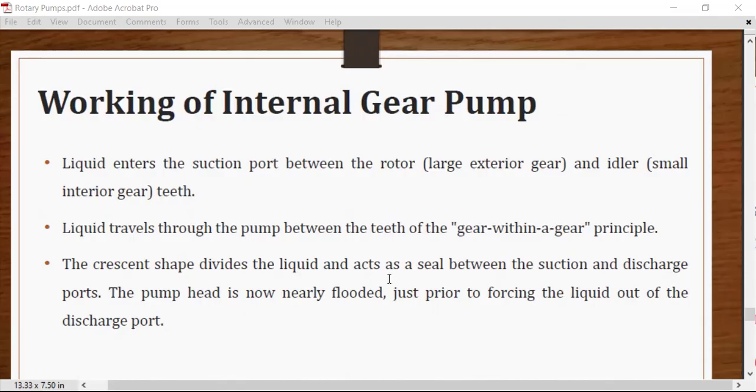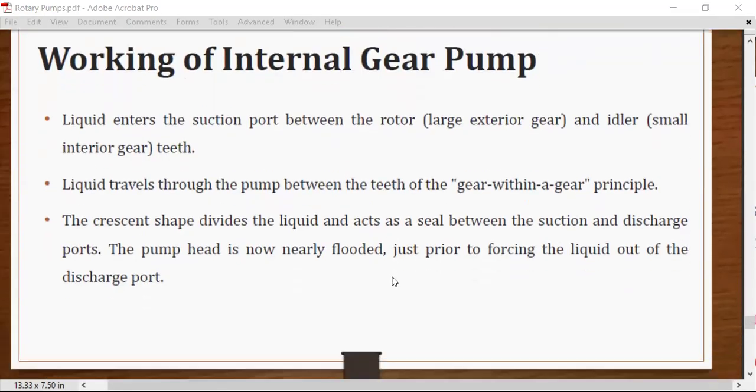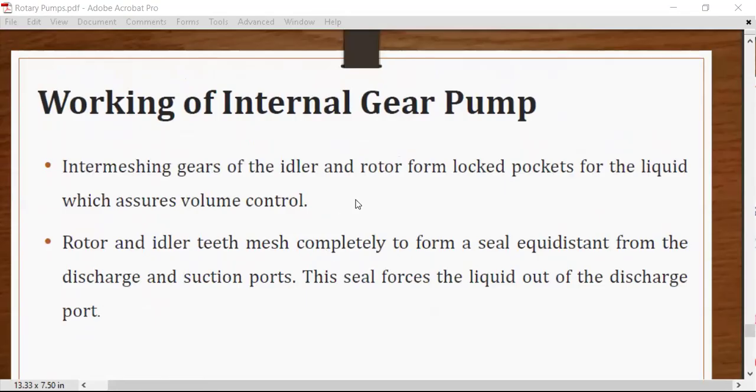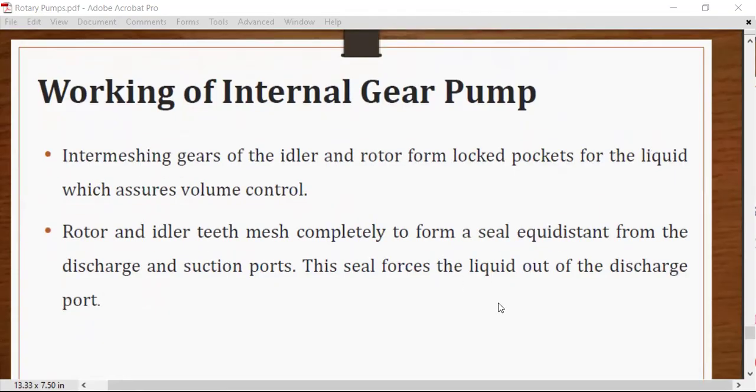The pump head is now nearly flooded just prior to forcing the liquid out of the discharge port. The intermeshing of the idler and the rotor forms locked pockets for the liquid, which assures volume control. The rotor and the idler gears mesh completely to form a seal equidistant from the discharge and suction ports. This seal forces the liquid out of the discharge port.